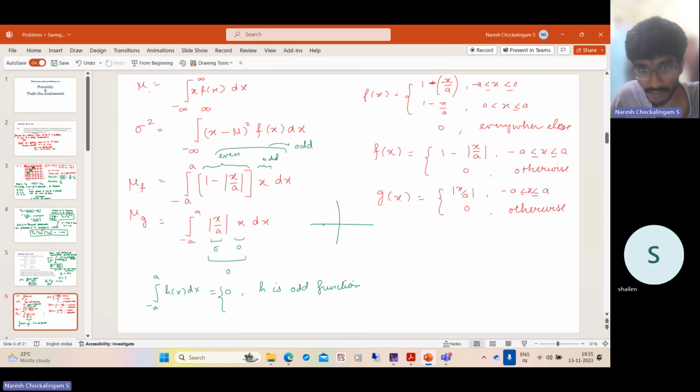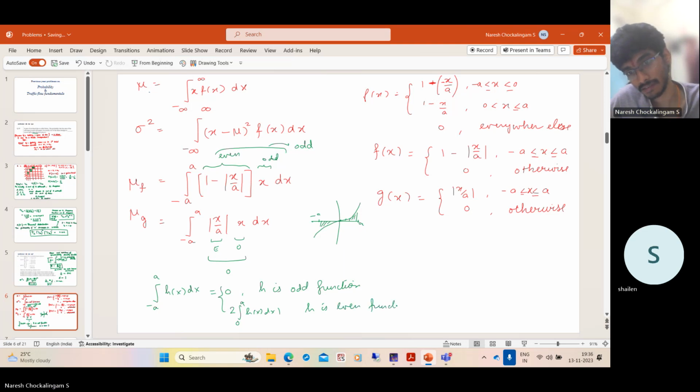Because you know, if you have something like this, this is an odd function. So whatever area is there from 0 to a will be cancelled by this negative area from minus a to 0. So if h is an odd function, the integral is 0, and it is equal to 2 times the integral from 0 to a of h of x dx if h is an even function.